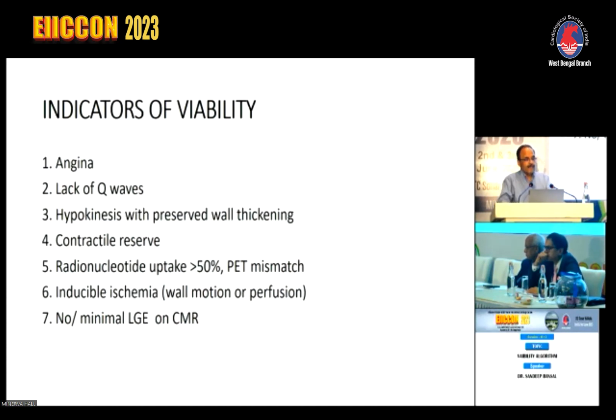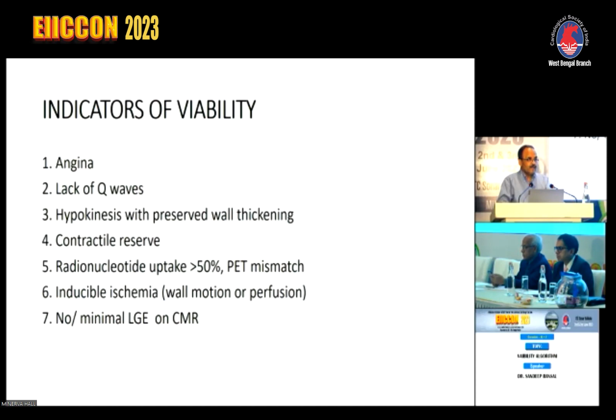And on dobutamine stress echo, particularly if you have a new inducible increase in the contraction, that is again a predictor of myocardial viability, because it tells you that this patient has contractile reserve.